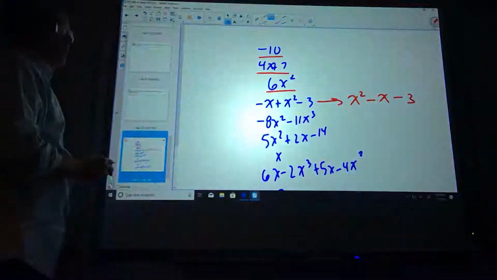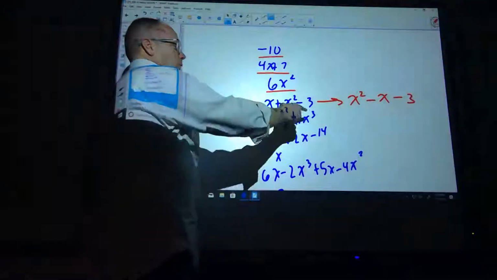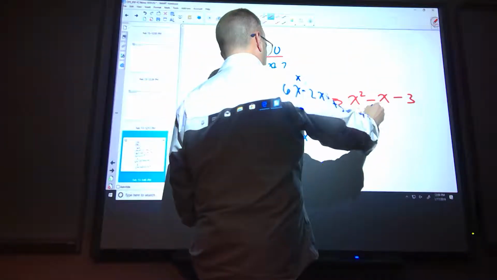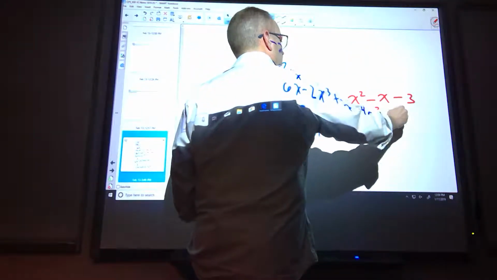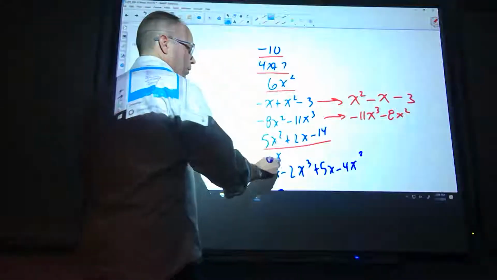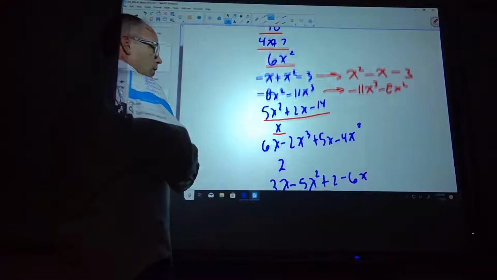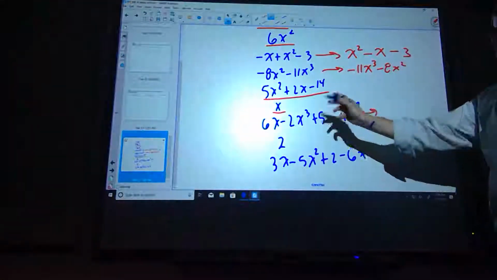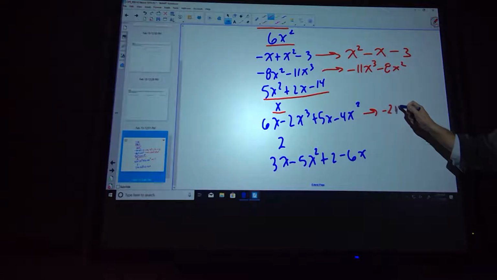So that's standard form on that one. This one's not in standard form. Make sure you take the sign with it. So highest exponent to lowest exponent. This one is in standard form. This one is. This one's not. Make sure you take the sign with it that precedes it.